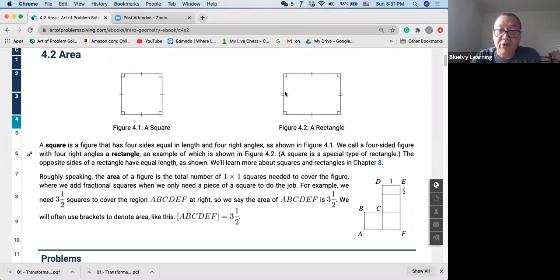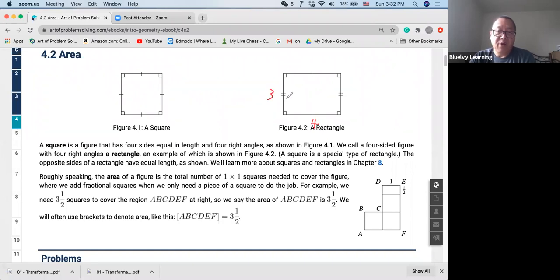See, suppose we have this rectangle. Then you use 1 by 1 squares to fill the inside of this rectangle. Suppose this one's length is 4, width is 3.